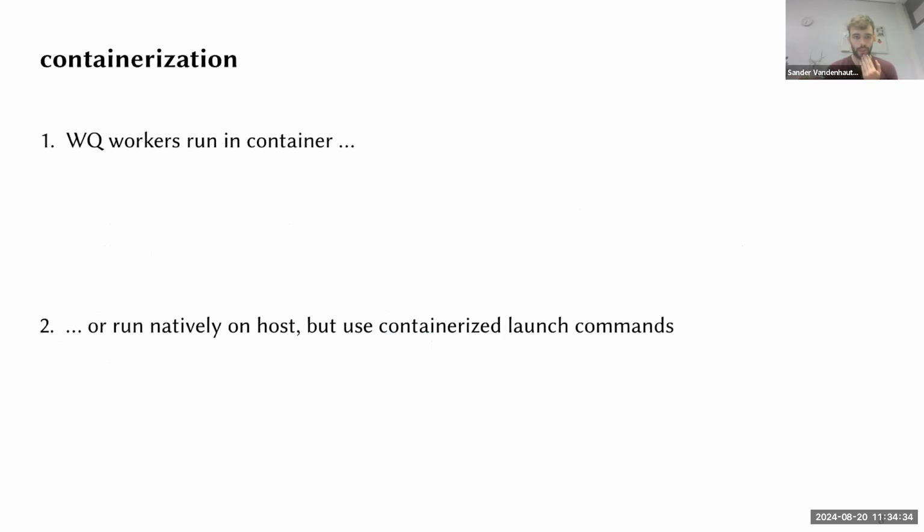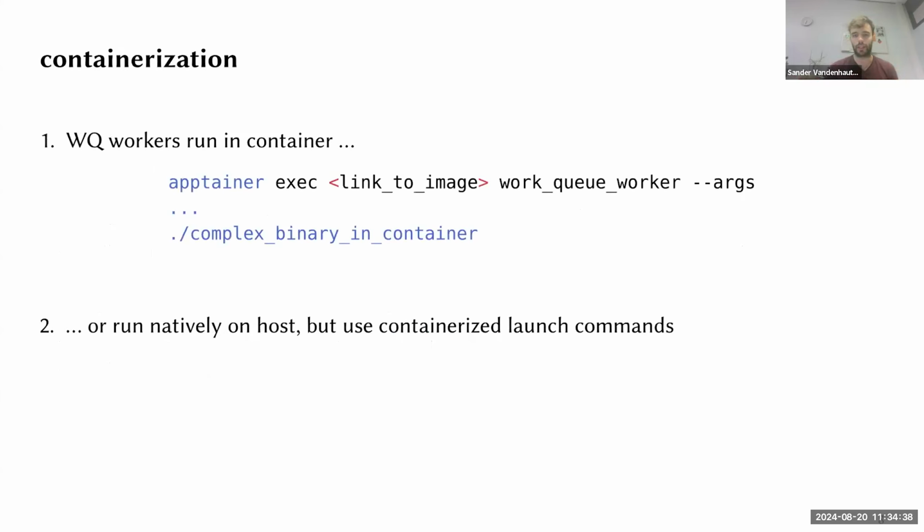One other thing that was greatly helpful was to containerize everything. There are technically two ways to do this. You can either run your entire worker inside a container, which works because they have access to the same network as the hosts, at least if you allow it to, but on the HPCs that I have access to, this is no issue.